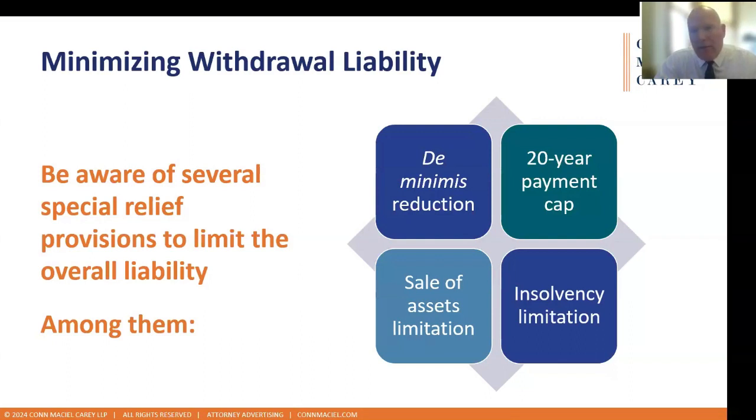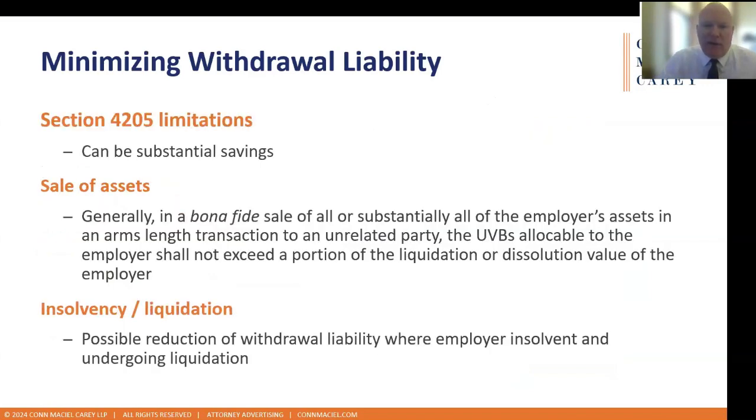So it may be worth checking into that, even if you think you're just shutting down and going out of business and not even selling. You could sell your assets at an auction, for example, and still apply the sale of assets limitation. The insolvency limitation is declaring bankruptcy. Again, that's another limitation in the same section of the Act, and it limits the amount of unfunded vested benefits that can be allocated to a withdrawn employer.